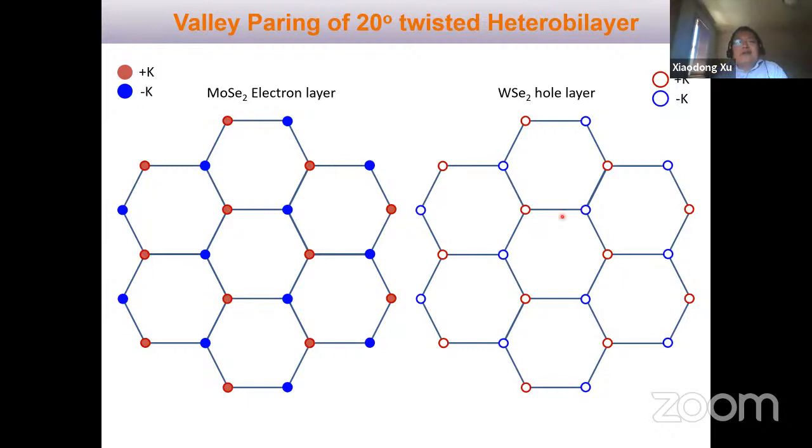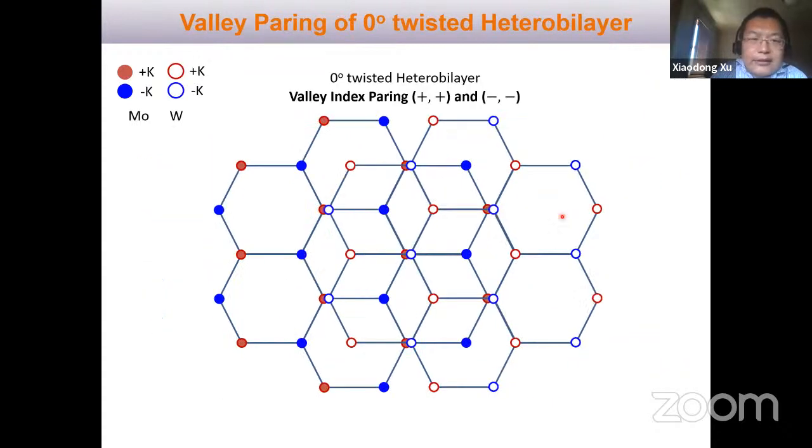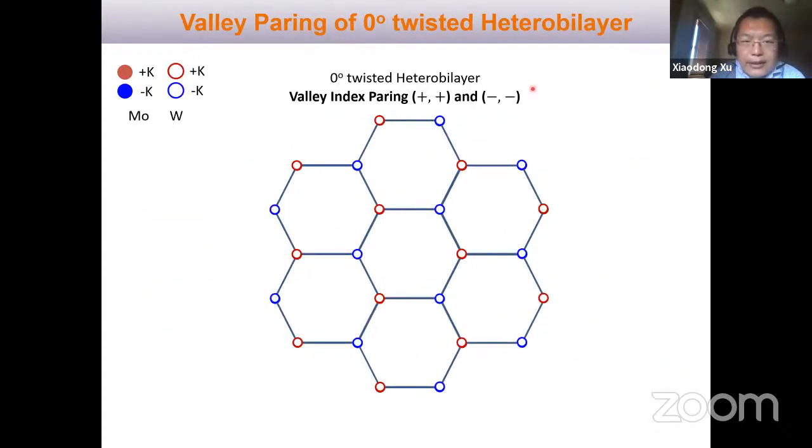Now we overlap these two electron and hole layers on top of each other. First, we look at these 0 degree twist heterobilayers. Then the plus K valley of the electron will sit on top of the plus K hole valley, and minus will sit on top of minus. So we have valley index pairing of plus plus and minus minus. This gives us a G factor of about -16.